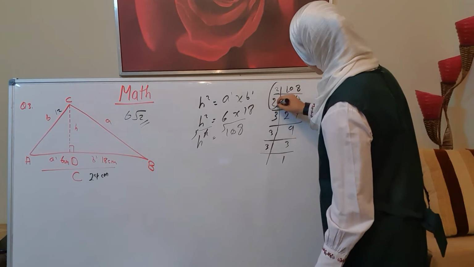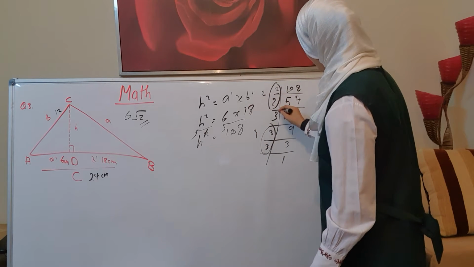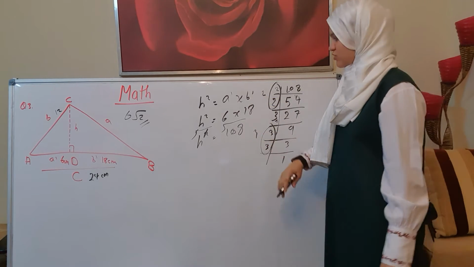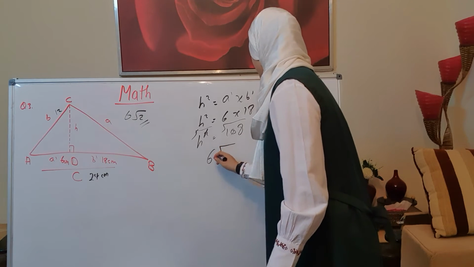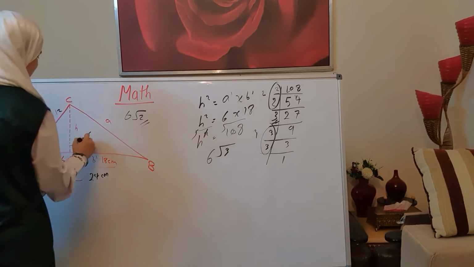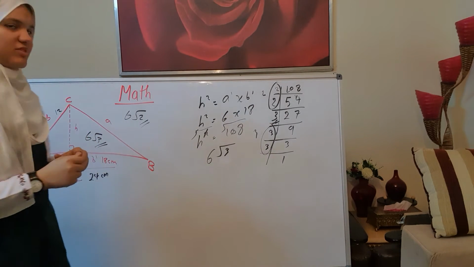So now we have 2 and we have 3, and the leftover is 3. So 2 times 3 is equal to 6. Radical 3. So now the height is 6 radical 3. This was the final answer for question number 3.